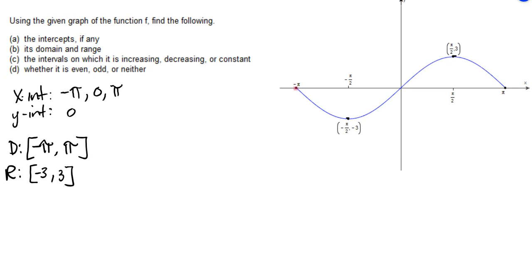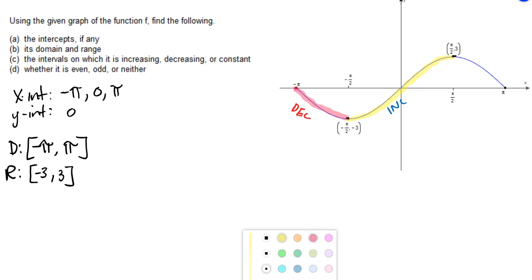Starting at the furthest left, my y values are decreasing. So let me make note of that. That's decreasing here. And then I'm going to change colors because at this value right here, the y values are now increasing as I trace from left to right. So let me label these as increasing.